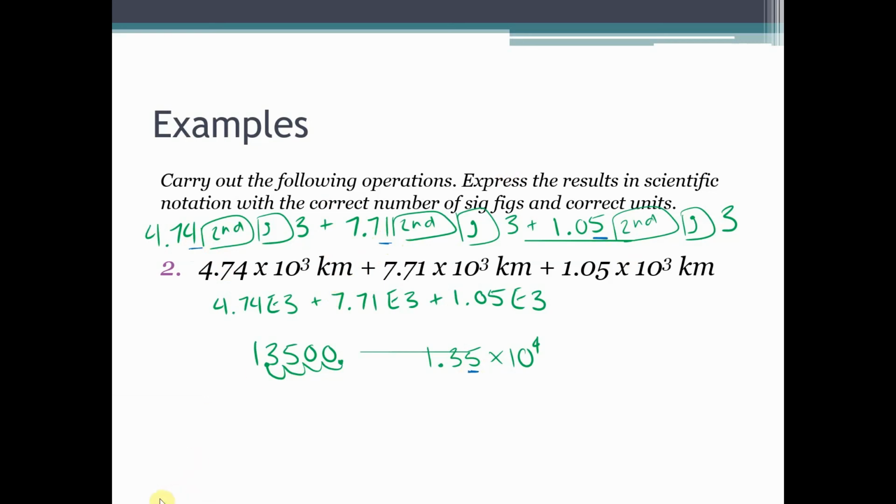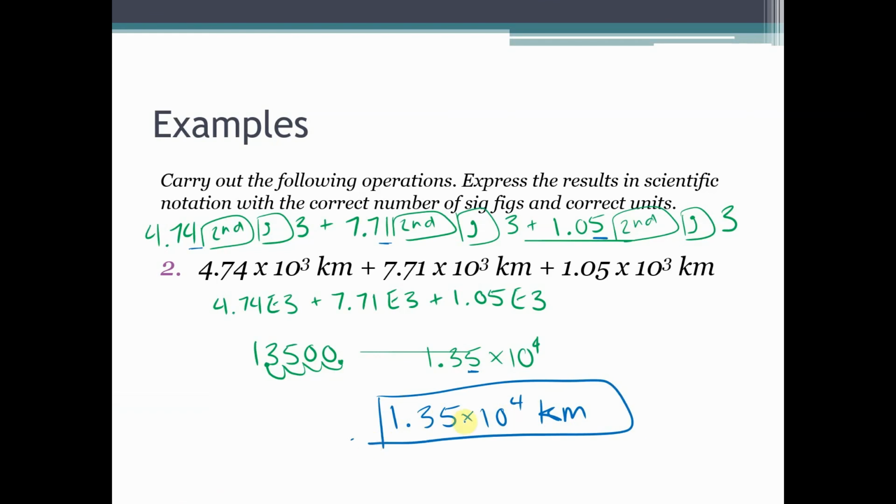We were adding kilometers together, so our units for our answer should also be kilometers. And that is our answer to number 2.